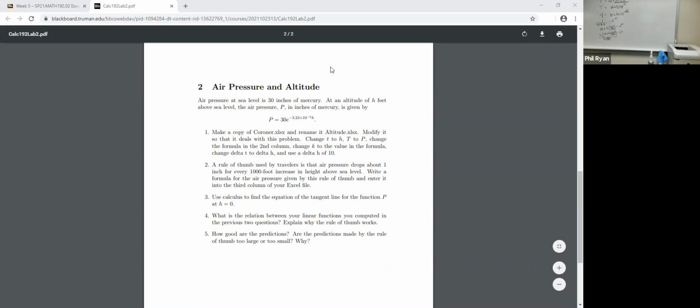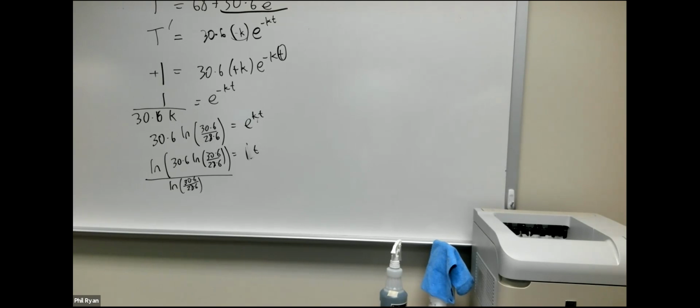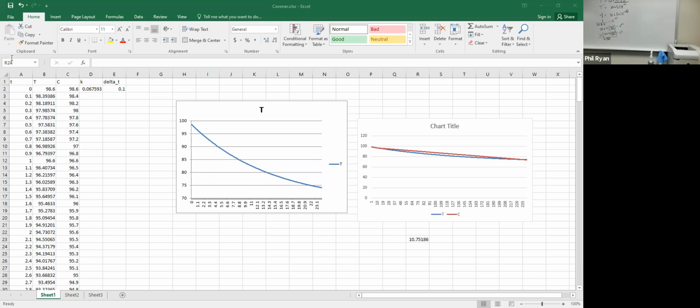Okay. So let's change this to our situation here. So let's change this to P. And this to H. This to delta H. And then we're going to change this to 10.